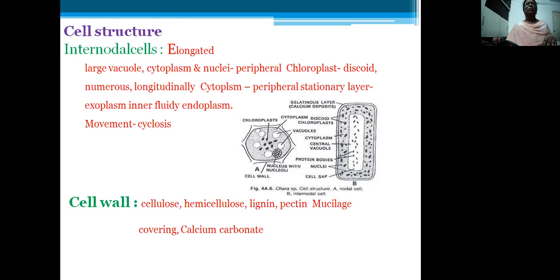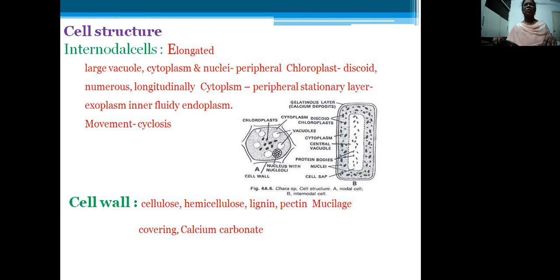The peripheral stationary layer is called the exoplasm. The inner fluid is called the endoplasm. Here, the movement of cytoplasm takes place by cyclosis. The cell wall is made mainly of cellulose, in addition to hemicellulose, lignin, pectin, and mucilage.